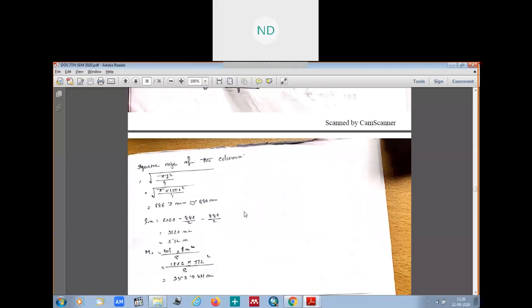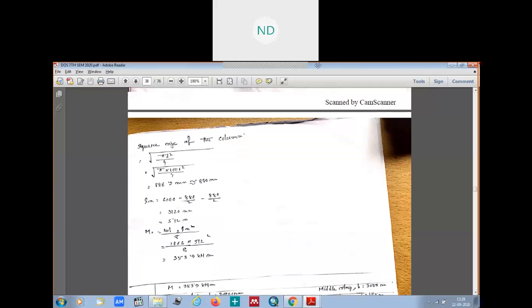So what we'll do is that we will find out the square size of the column. Our column was how much? Our column head diameter was how much? 1000 mm.